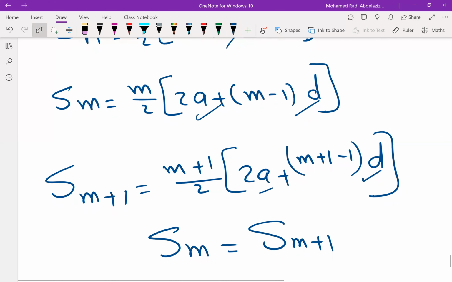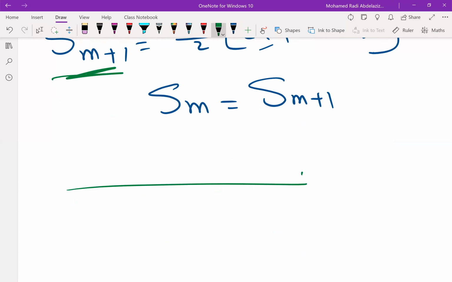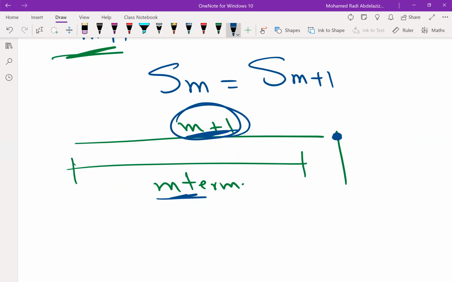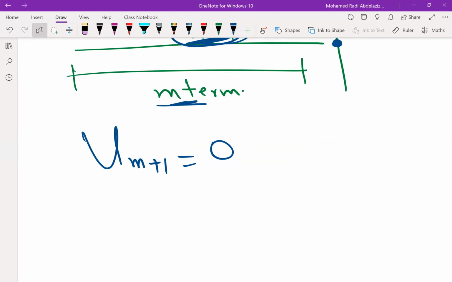But if you notice, if the sum of m terms and the sum of m plus 1 terms are equal, this means the last term, the term of order m plus 1, is 0. If you understand this point, you can form the equation directly and solve it.